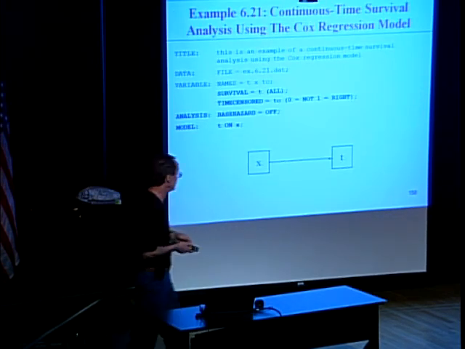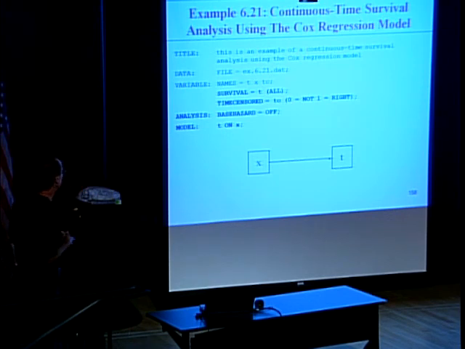Here is how simply you do it in Mplus. You define a survival variable t, and you define a time-censored variable, that is, whether the individual is censored or not. Have you seen the death or not? And you can choose between the two baseline hazard variations. I think base hazard off is the default at this point.